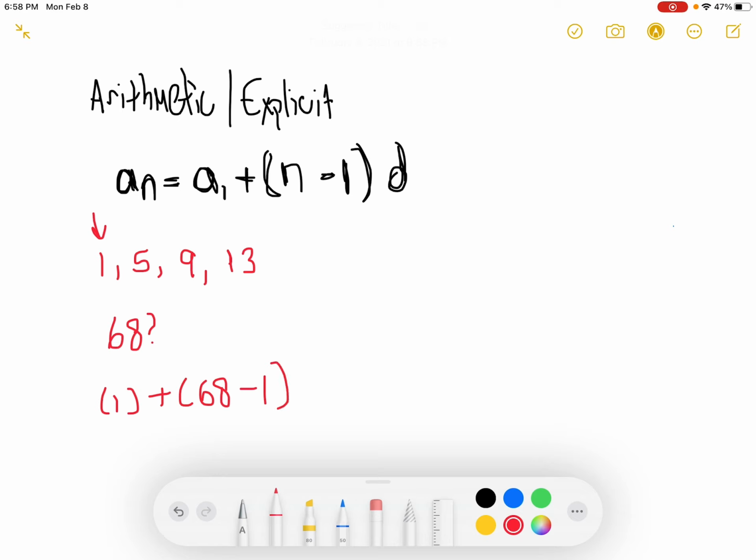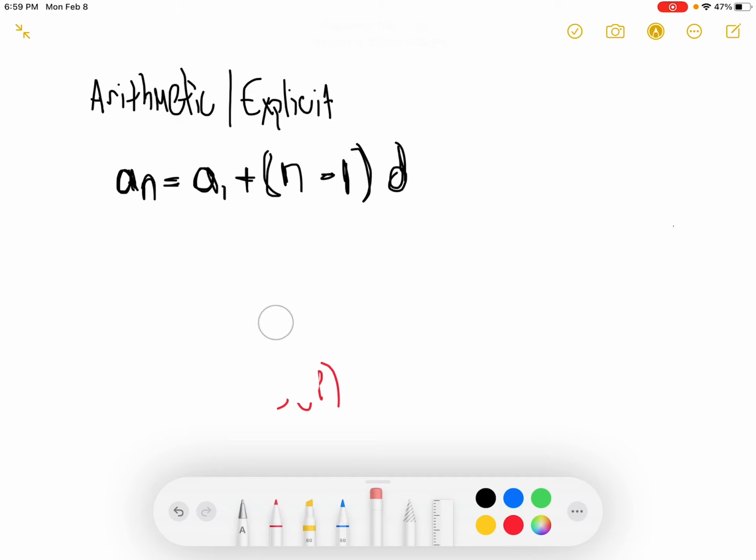You add 4 each time, so it's positive 4, but I'm not going to write the plus because that looks like plus, and it's really times. So we have 1 plus 67 times 4. We get 269. So in this series, 269 would be the 68th term. There you go. Simple. So that's that equation.